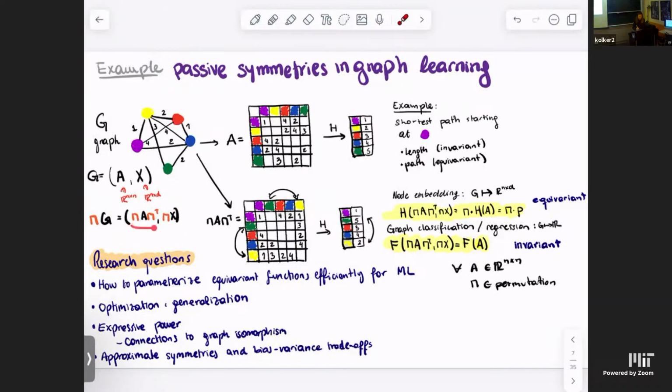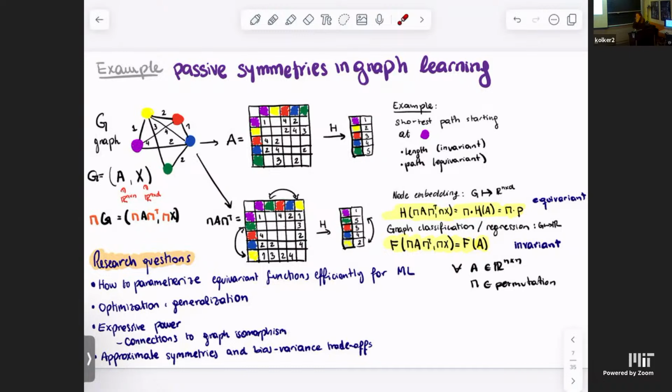These two things represent the same graph. So when I'm learning a function on graphs, say I'm learning the length of the shortest path that visits every node, or the order of this shortest path, what nodes I visit after another one, both functions will have this symmetry.